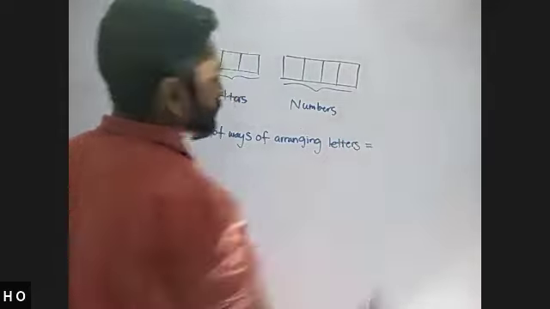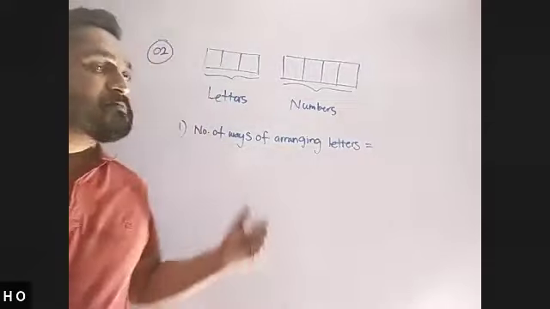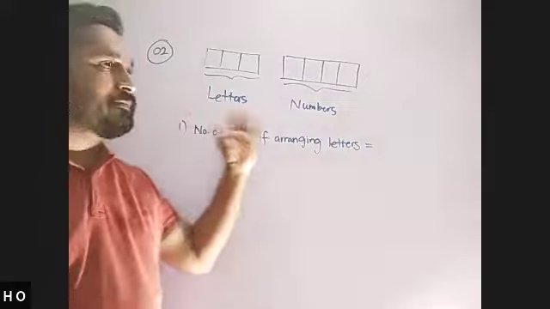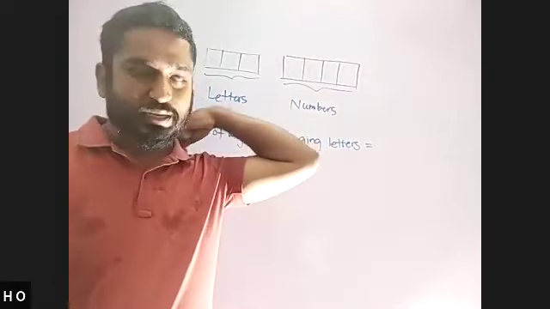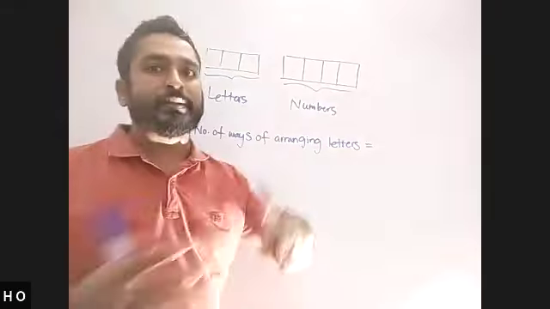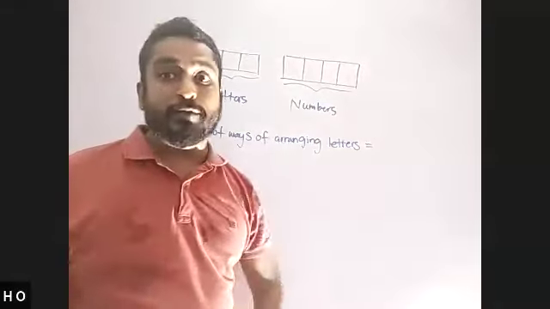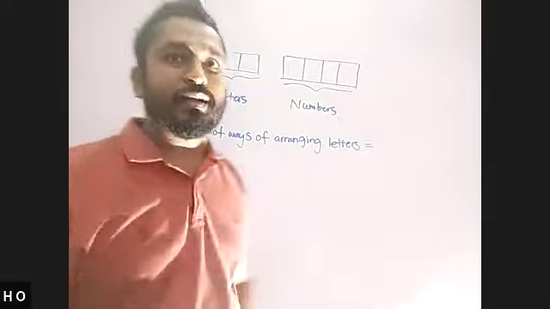There you have to separately arrange, because the numbers are followed by letters, just like in Sri Lanka, we also have this number for the registration. Usually 3 letters and 4 numbers. So you cannot mix up the numbers and letters. First 3 letters, then followed by 4 numbers, right? So number of ways of arranging letters.